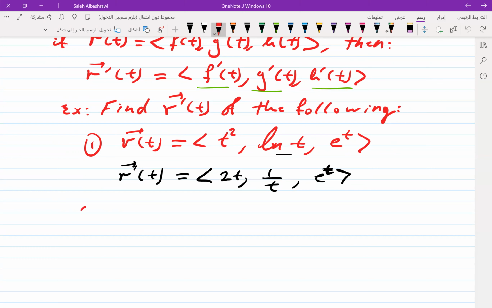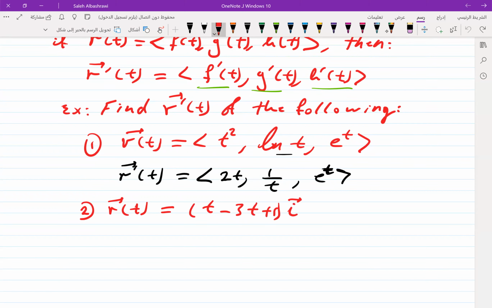Second one, r of t is given by t squared minus 3t plus 1 i.